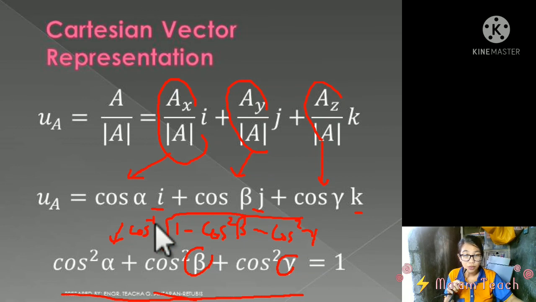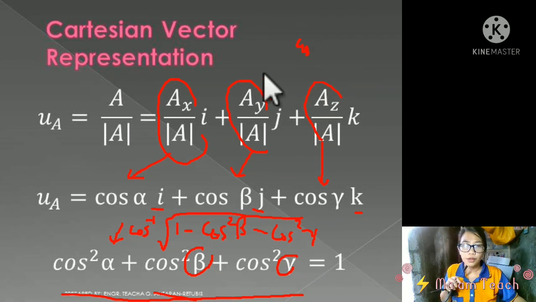Can you follow? I am sorry, I cannot write well here in the PowerPoint. Cosine squared alpha is simply cosine alpha squared.